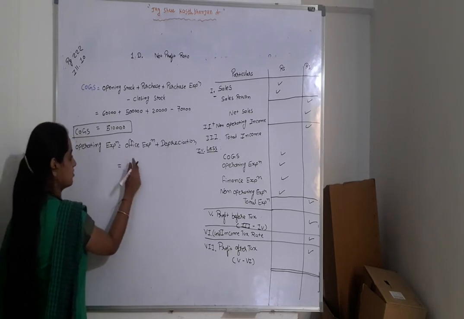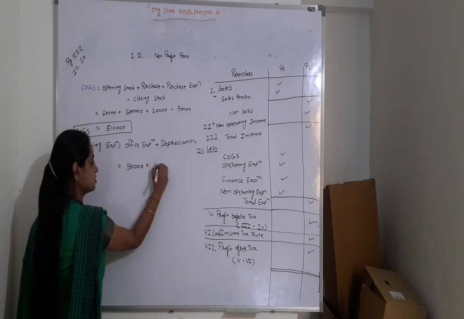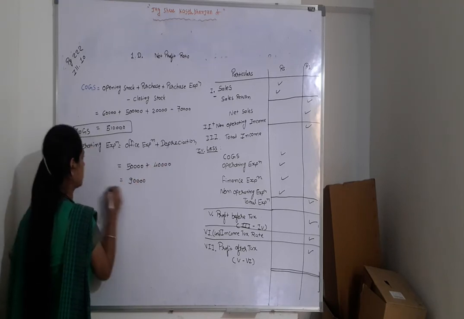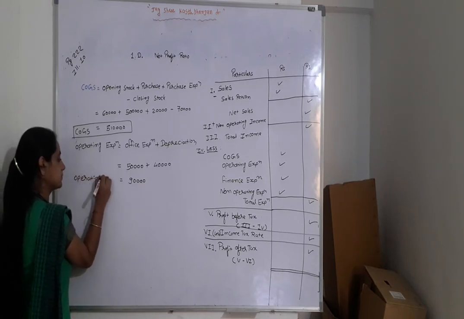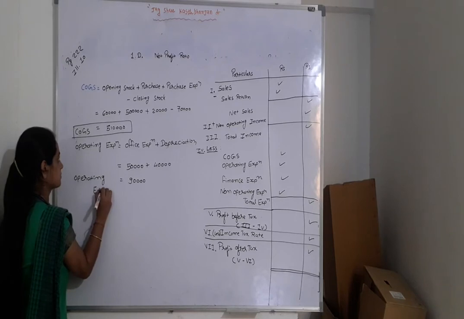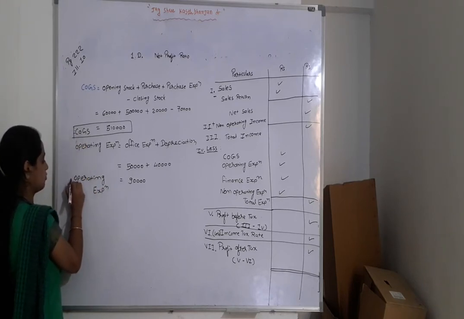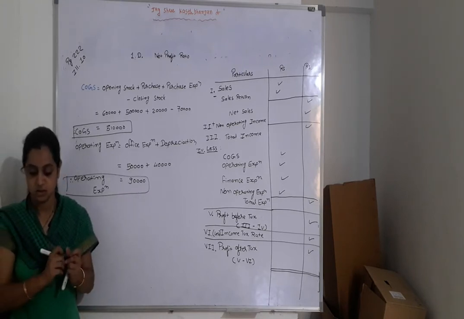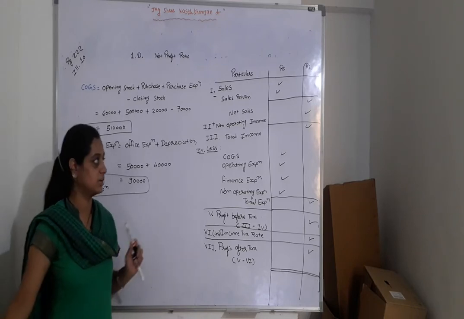Then office expense 50,000 and depreciation 40,000. That means 90,000 is our operating expense. Don't forget to use therefore over here. Okay.